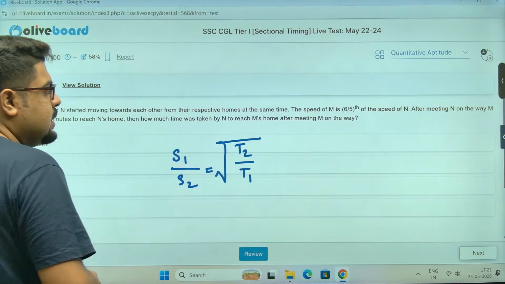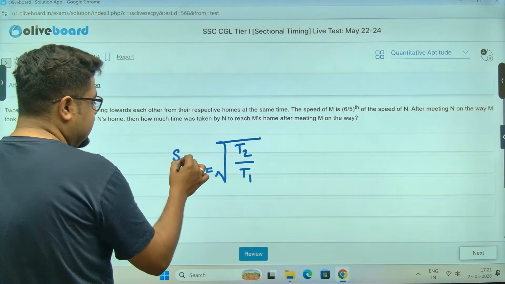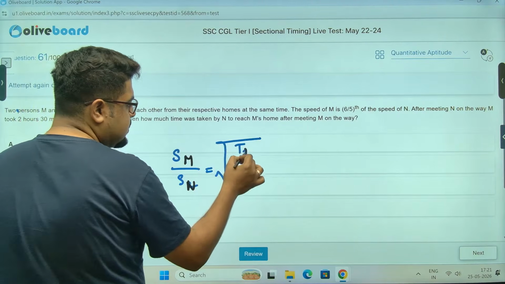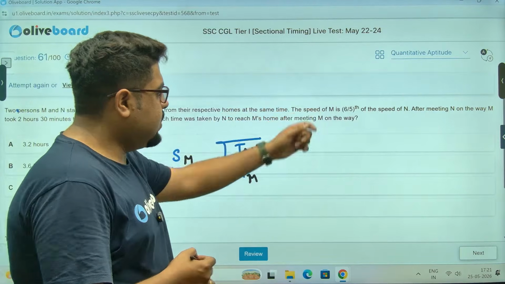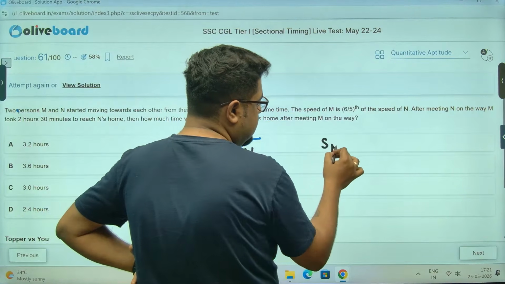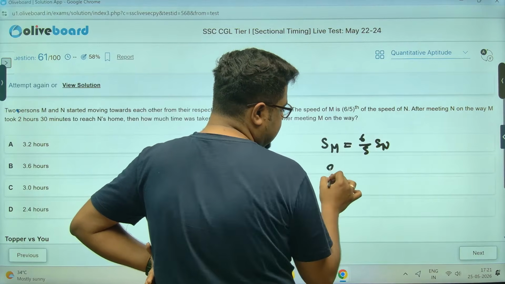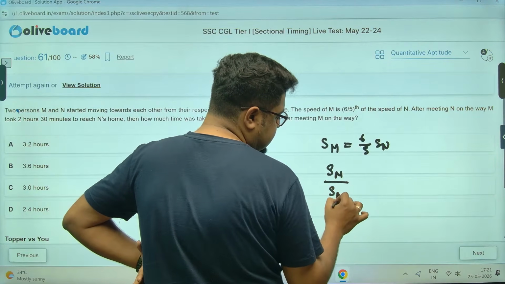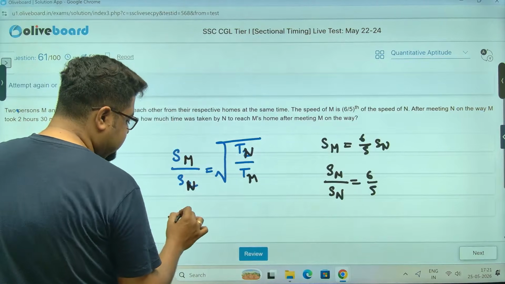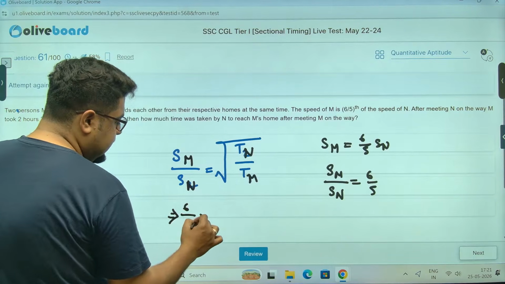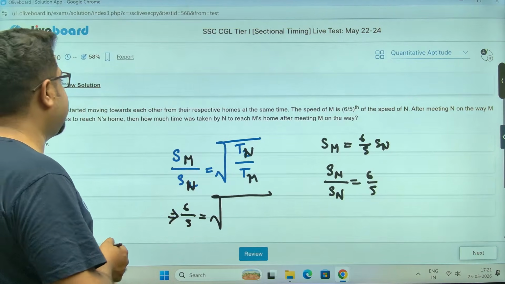Sir, so speed of M versus speed of N. I can write this is M, this is N. Now the speed of M is 6 by 5 times the speed of N. So Sm by Sn, the speed ratio is 6 by 5, equal to root over of the time taken after meeting on the way.